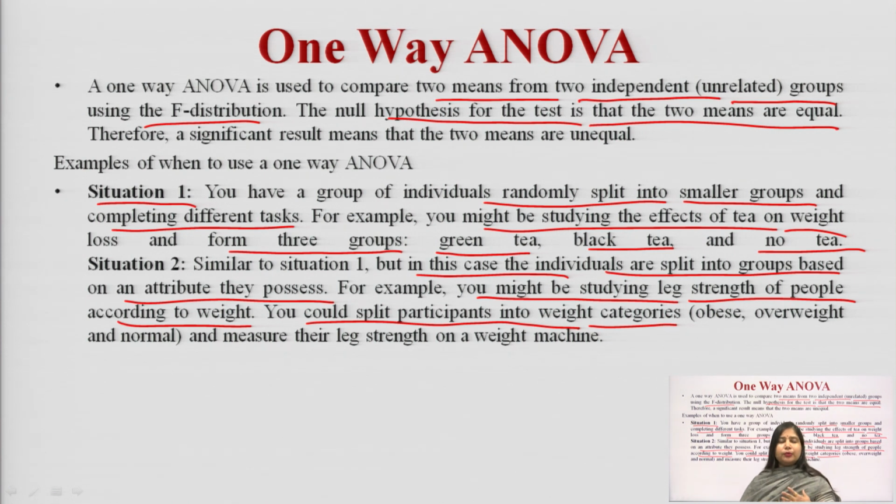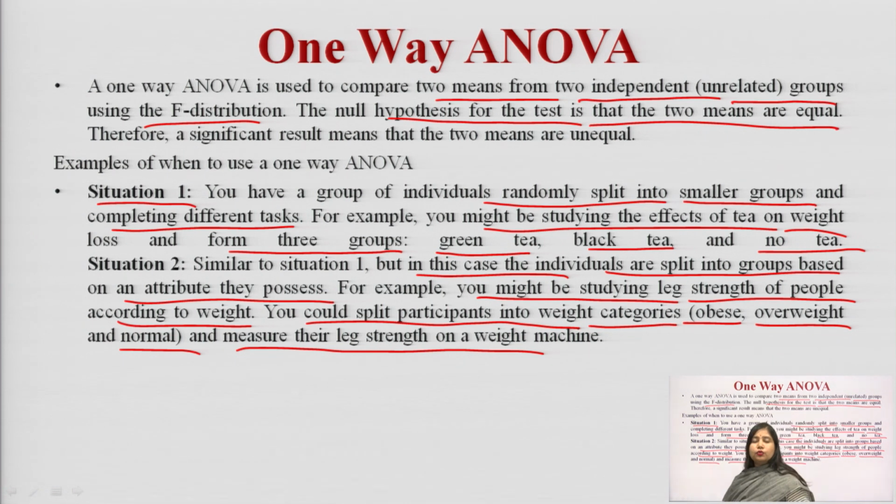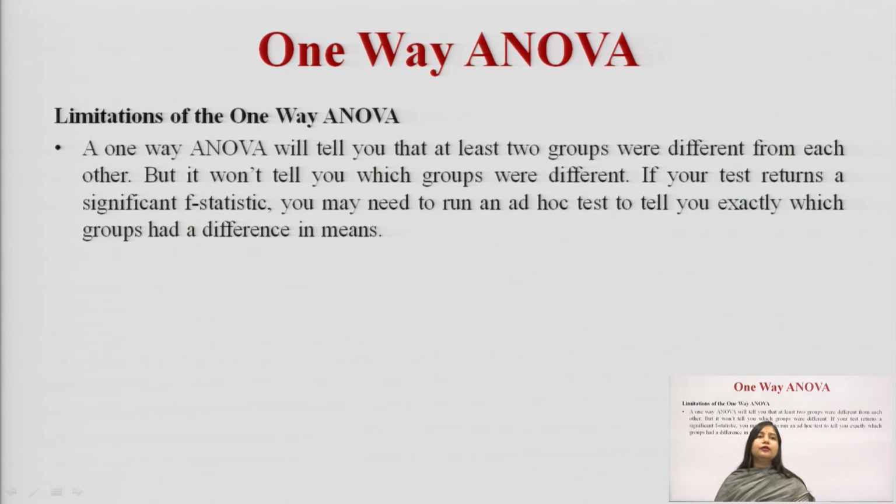So you divide the people depending upon weight: one category who are obese, another overweight, and the last normal weight, and then you measure the strength according to the weight of the people. So in the first situation you divide the groups randomly, and in the second situation you divide the groups according to a certain attribute of that sample.